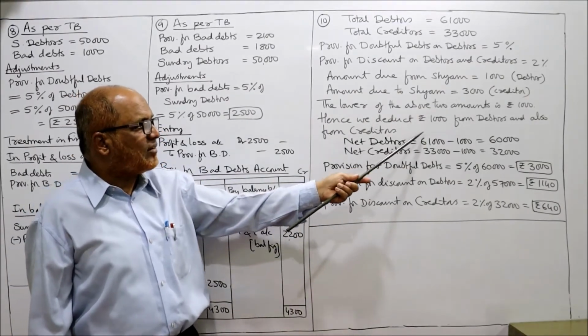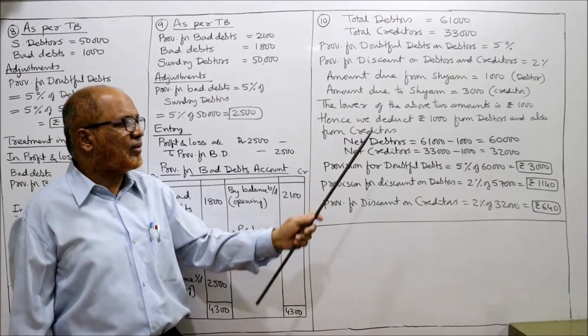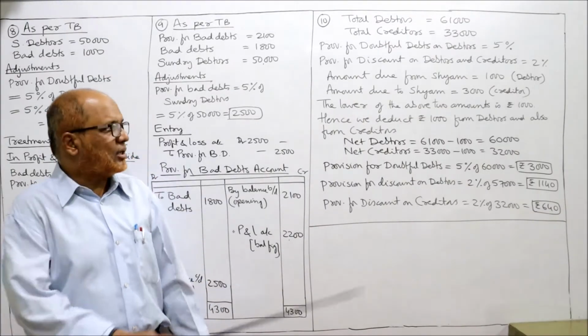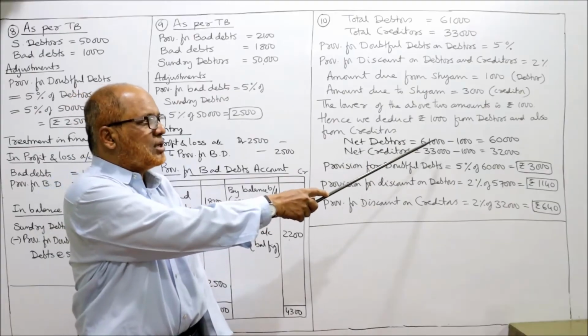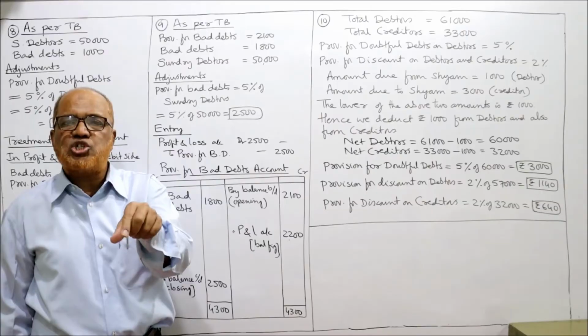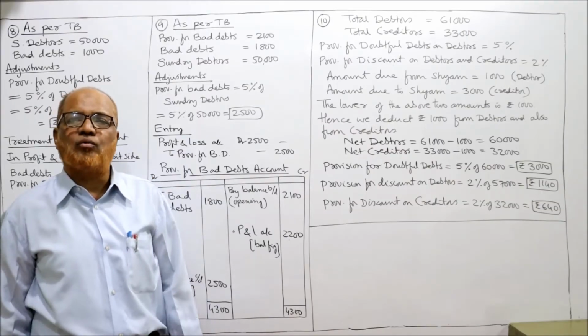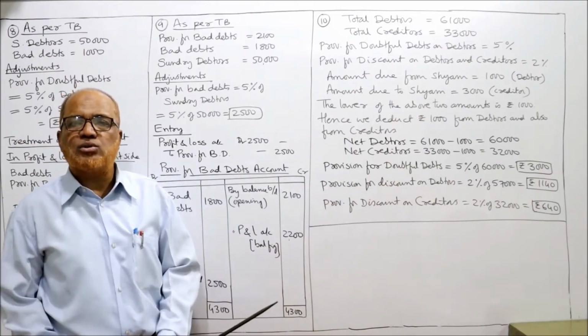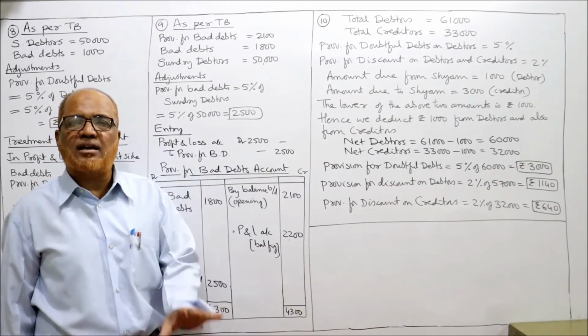Hence we deduct 1,000 from debtors and also from creditors. The net debtors, 61,000 minus 1,000, 60,000 is the net debtors on which we have to make the provision for doubtful debts. Similarly, net creditors 33,000 minus 1,000, 32,000 rupees is the net creditors.